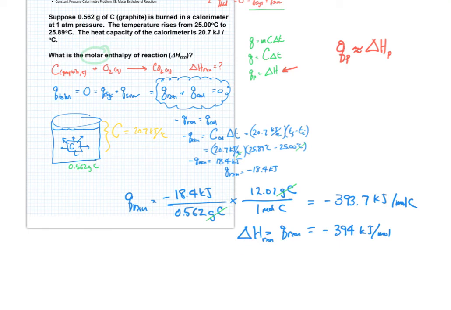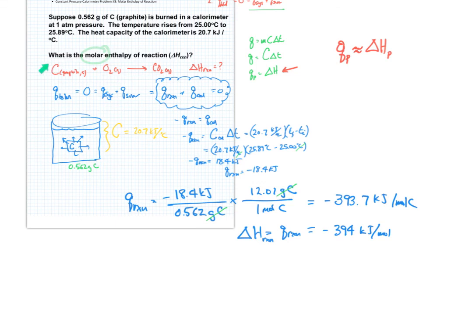So here's the last step to this problem then. It's minus 394 kilojoules per mole for this reaction. Now we have to look back at the thermochemical equation. So that question mark I have here is it minus 394? And the answer is yes, because there's a 1 out in front of here. If this was not a 1, I'd have to rescale it.